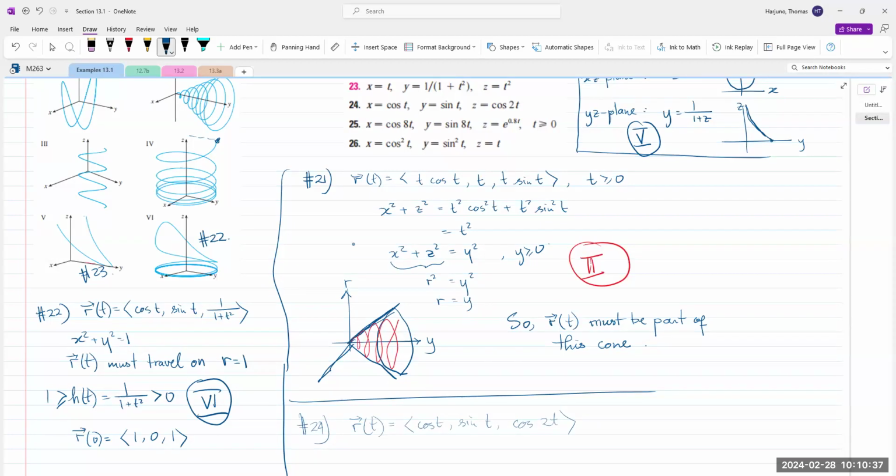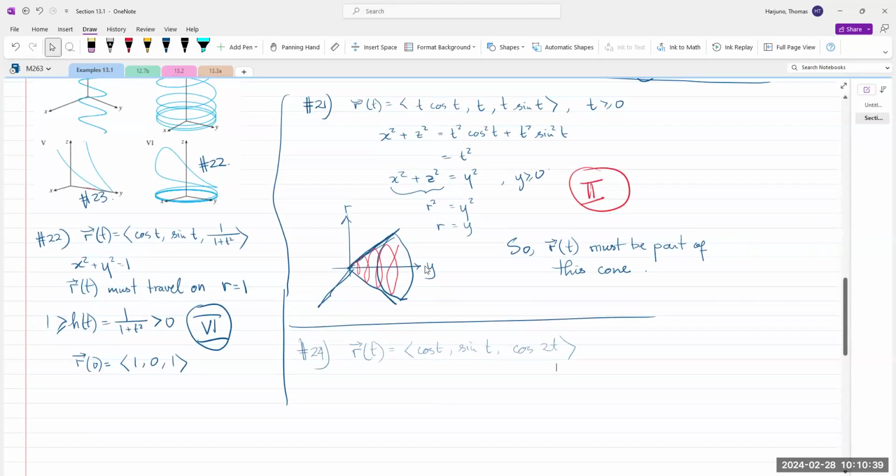Seems like x squared plus y squared equals 1. But at the same time, the c, which is cosine 2t, is cosine squared t minus sine squared t, which is x squared minus y squared.